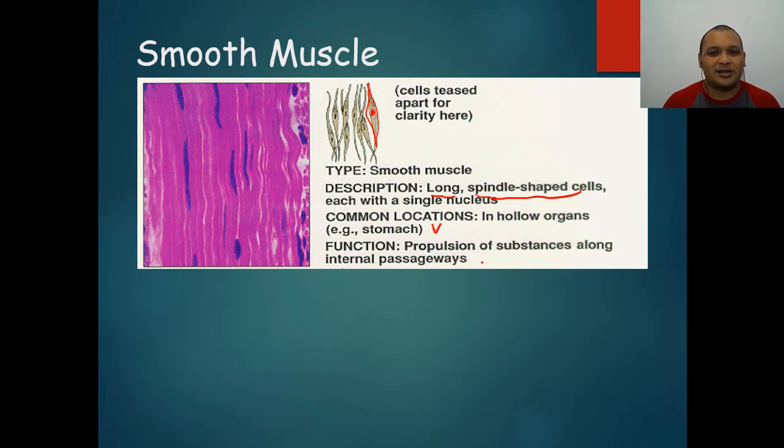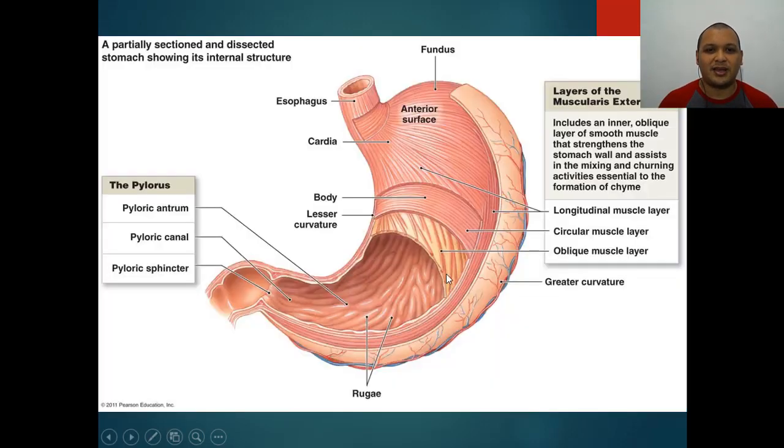And then the function is mostly to help the movement in our internal organs, like the movement of our intestine, the movement of our large intestine. It's helped by the existence of smooth muscle. Okay, so this is the smooth muscle.